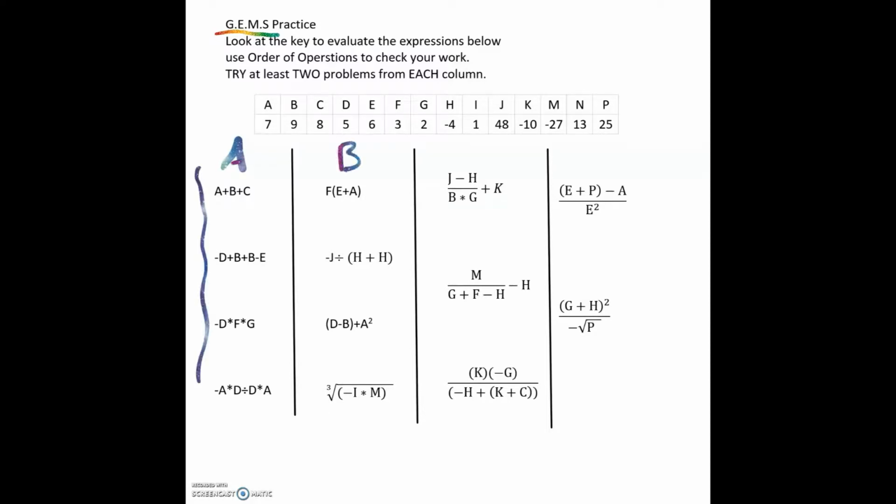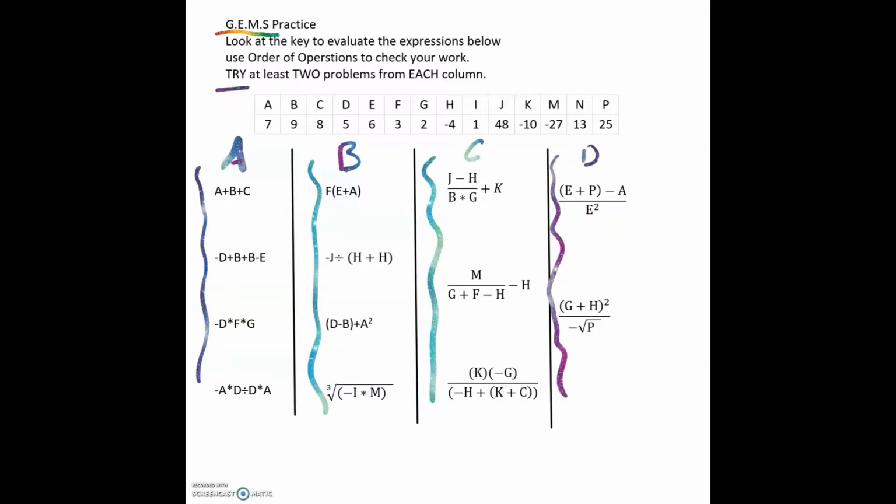And then there's column B, and it's this set. And then here's column C, and it's this set. And then here's column D, and it's this set. Notice in column D, you only have 2 choices, but you are going to try at least 2 problems from all 4 of these categories. Okay? All right. So let me show you how we're going to do this.